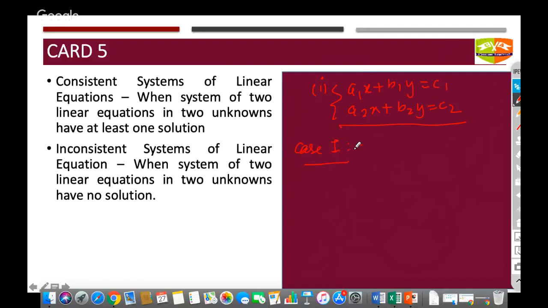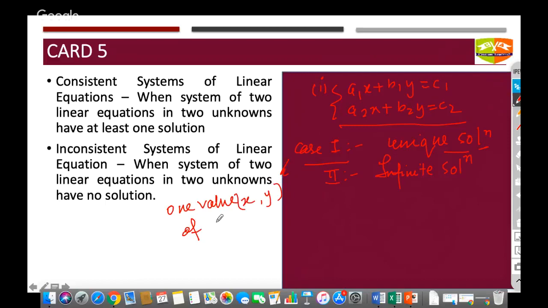Case one is that we will have a unique solution. Case two is that we'll have infinite solutions. Unique solution means one value of x and y which satisfies both the equations.